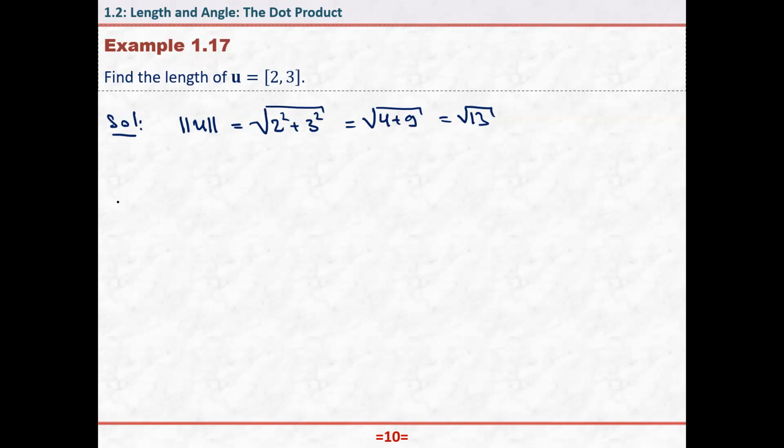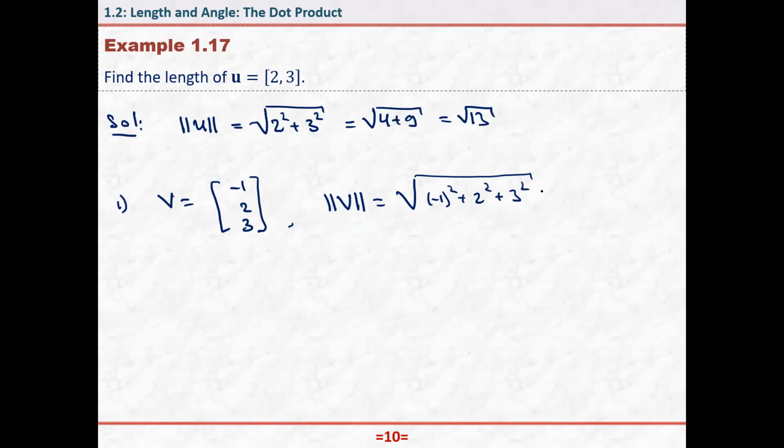And if you're given, for example, let's say another vector whose components are -1, 2, 3, then what is the norm of this vector or the length of this vector? That is square root of -1 squared plus 2 squared plus 3 squared, which is 1 plus 4, 5, 5 plus 9, that's equal to 14.